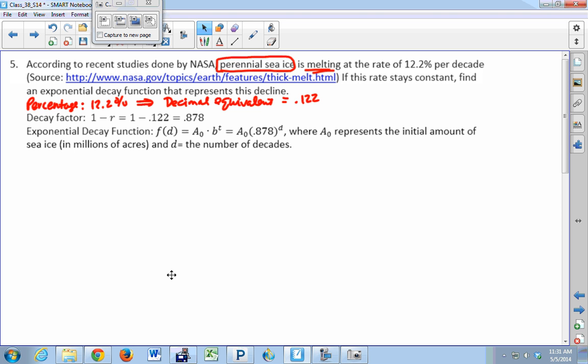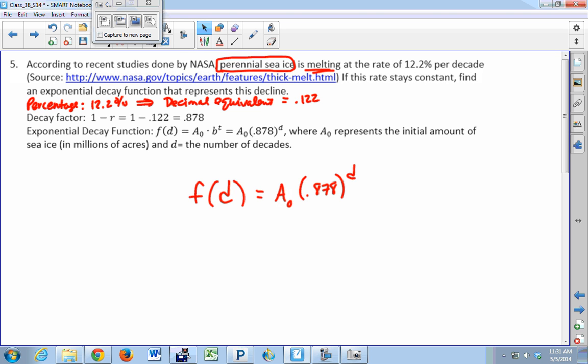Okay? So if we wanted to figure out how long it was going to take for this amount to be half of what it is now, then you could do the following. You could answer these types of questions even though you don't know what the initial amount, a sub naught, is.